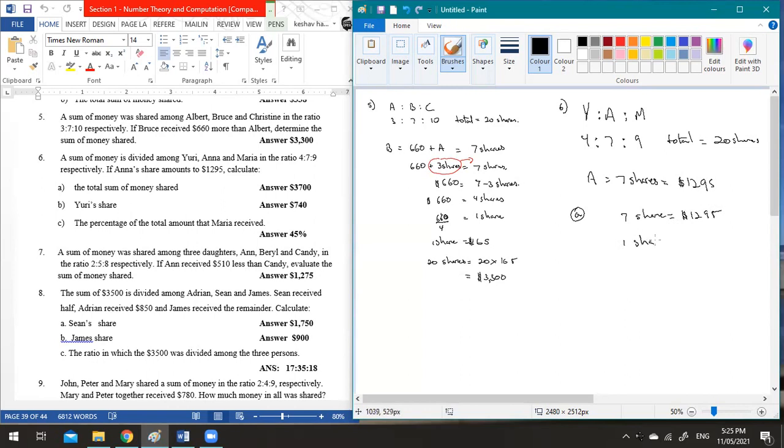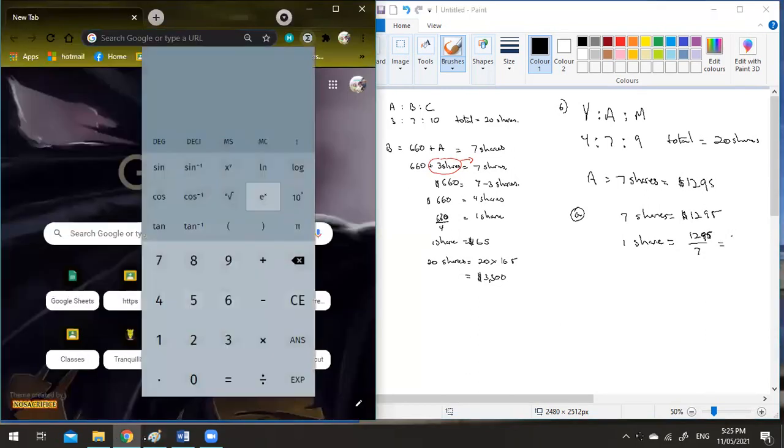So 1 share is $12.95 divided by 7. Right, so feeling lazy now, I'm going to use a calculator for that. $12.95 divided by 7 is $1.85.